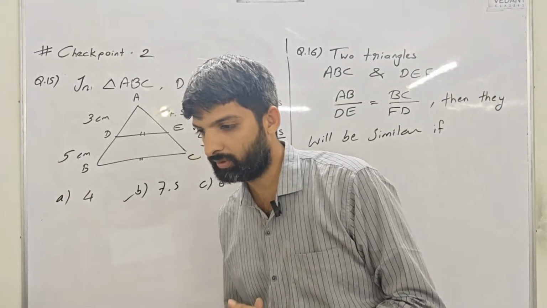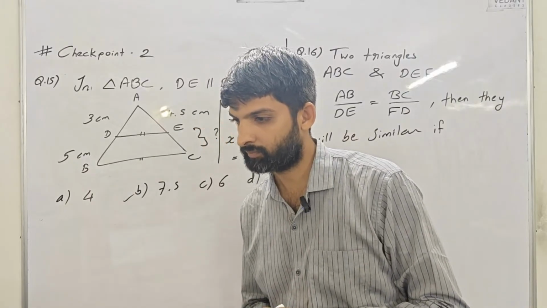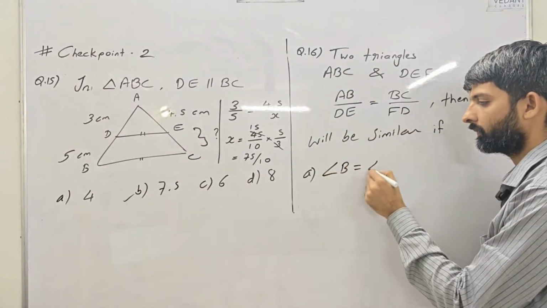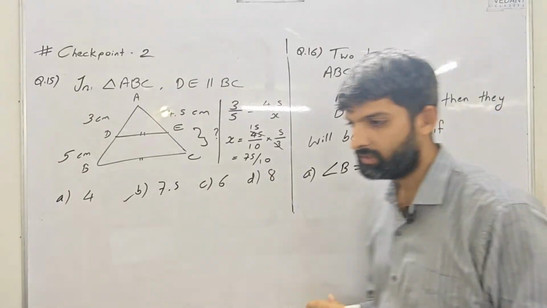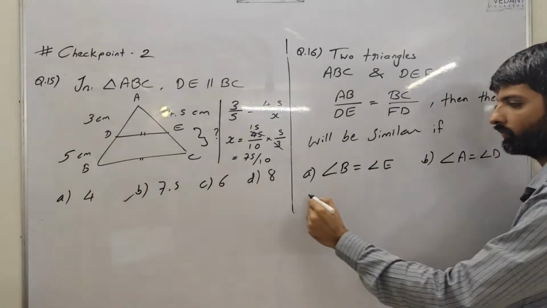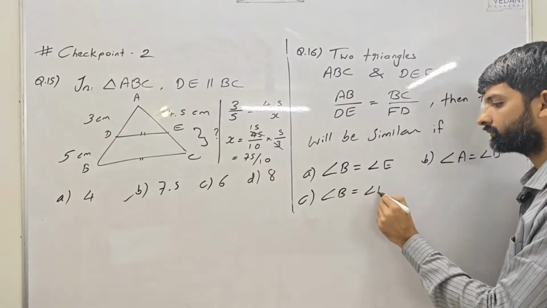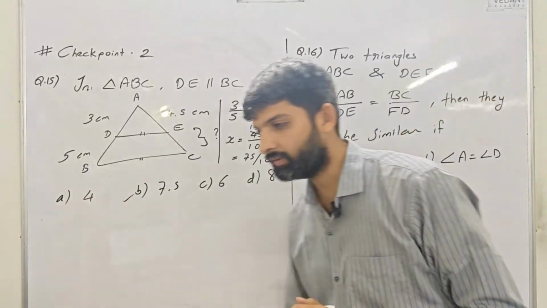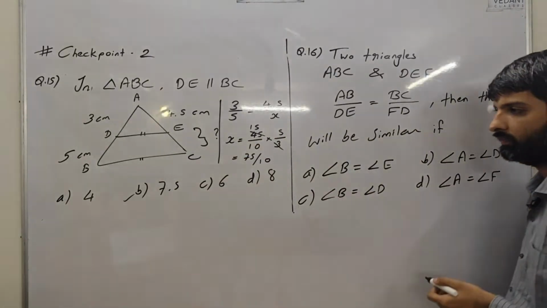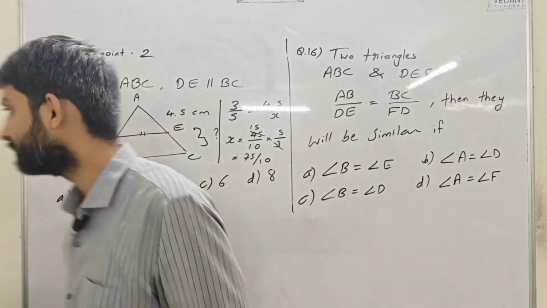What angles correspond to each other, that you need to identify. Option A, angle B equal to angle E. Option B, angle A equal to angle D. Option C is angle B equal to angle D. Option D is angle A equal to angle F. Which criterion will it satisfy to make these two triangles similar?